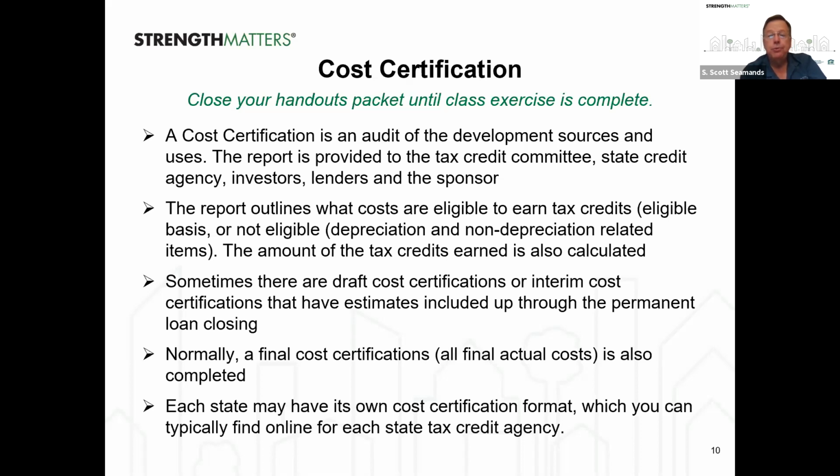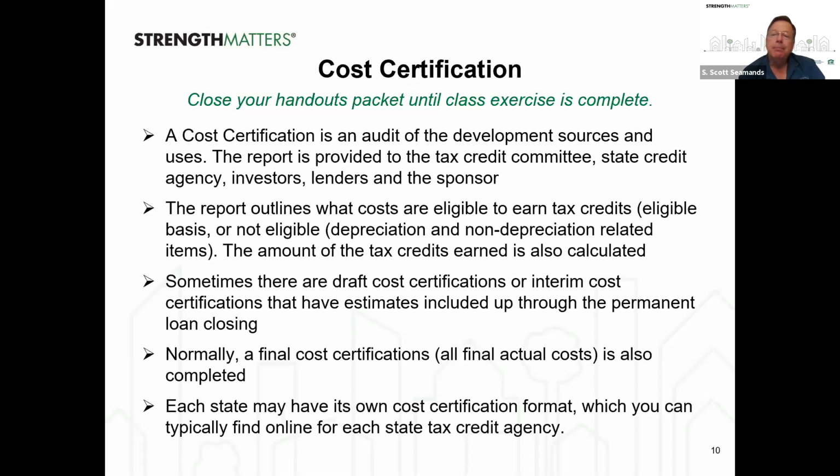There may be two versions of the cost cert for any particular property because sometimes your permanent lender will require either a draft cost cert or an interim cost cert, something that lets them know what you've spent so far and how everything balances out with the development sources and uses.